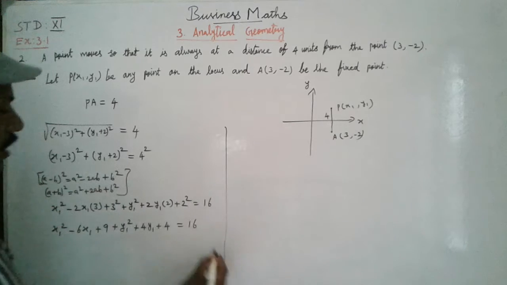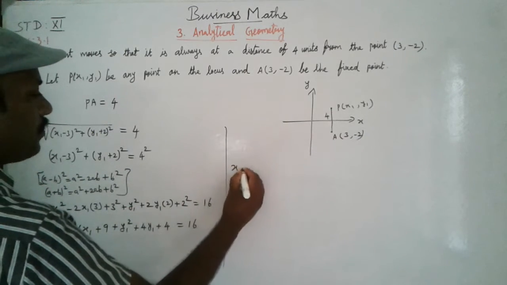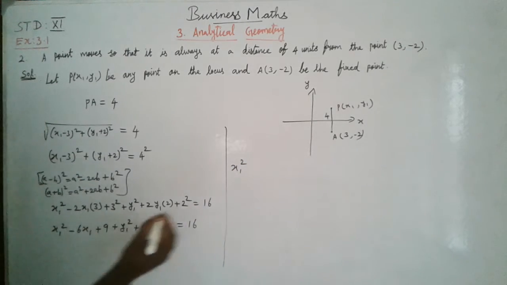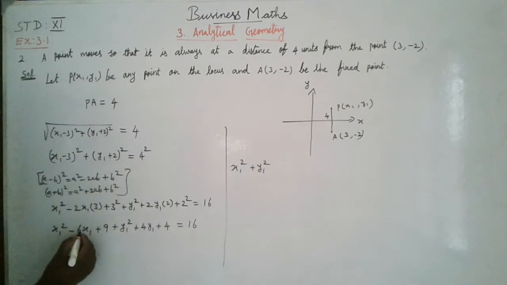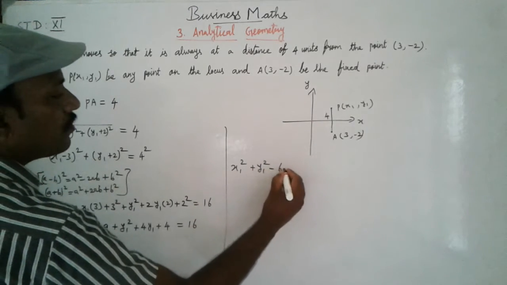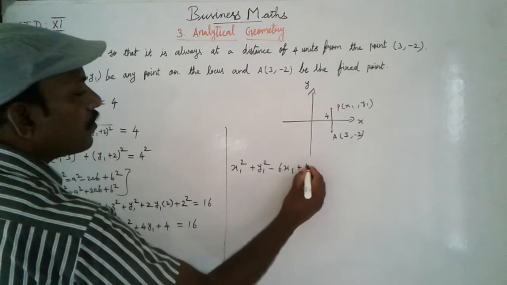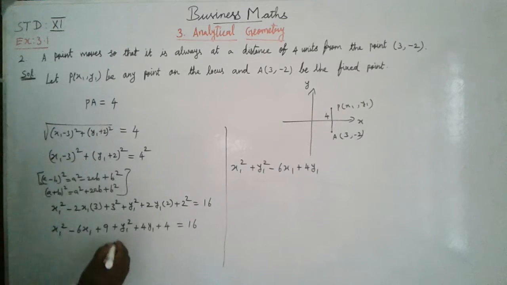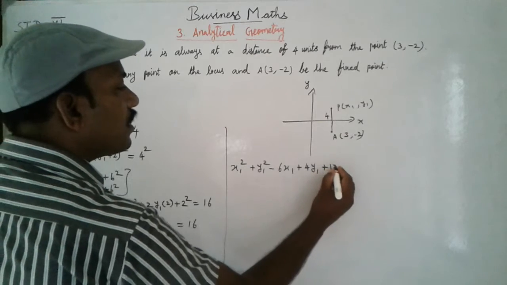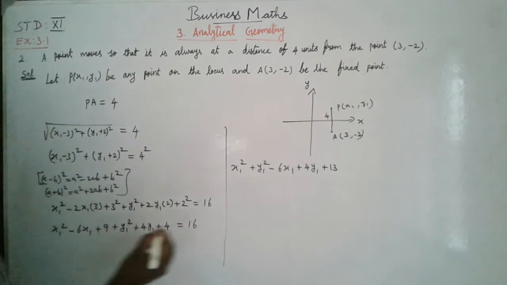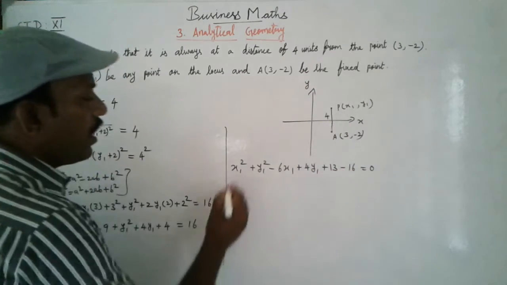So we should take 16 to the left. In order: x1 square, next plus y1 square, minus 6x1, plus 4y1, 9 plus 4 is 13, plus 13, and minus 16 equal to 0.